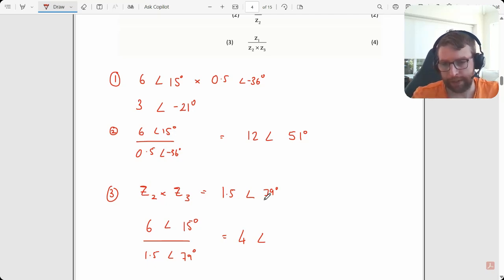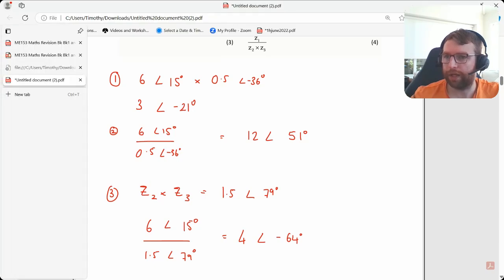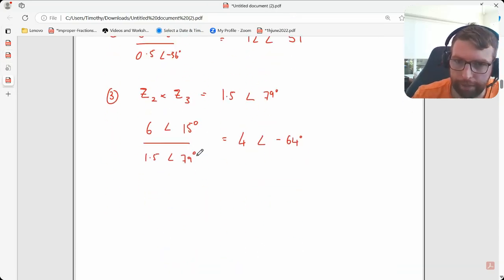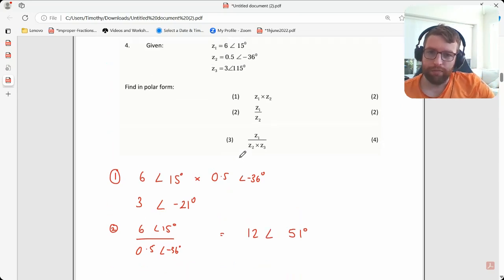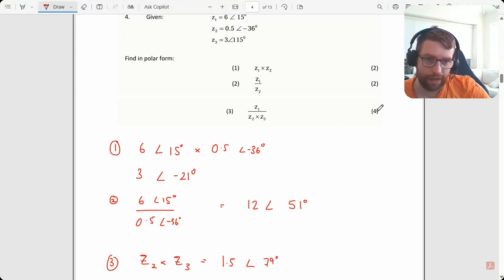So we've got 74 minus 64. And I'll just double check that my thought process is correct. Yep, got all those right. So, if you can do question 1 and 2, you can do question 3. It's just extra steps. It's 4 marks where these two added together would be 4 as well.